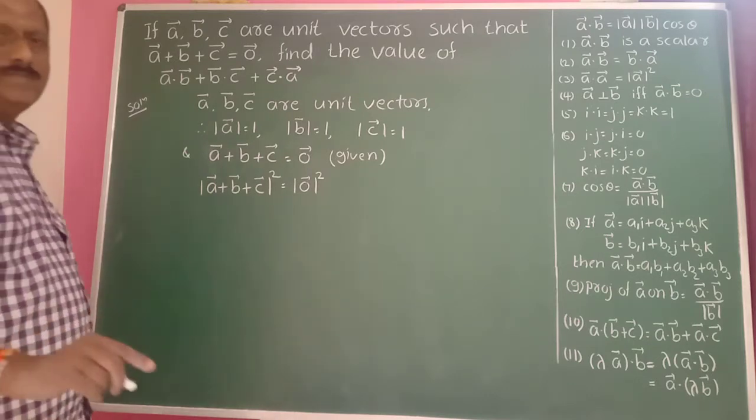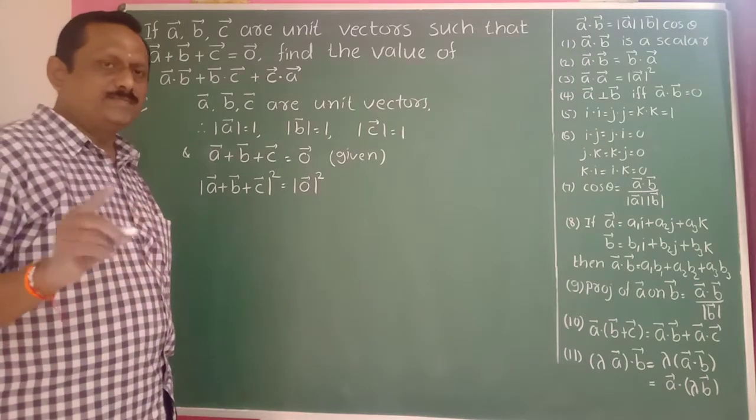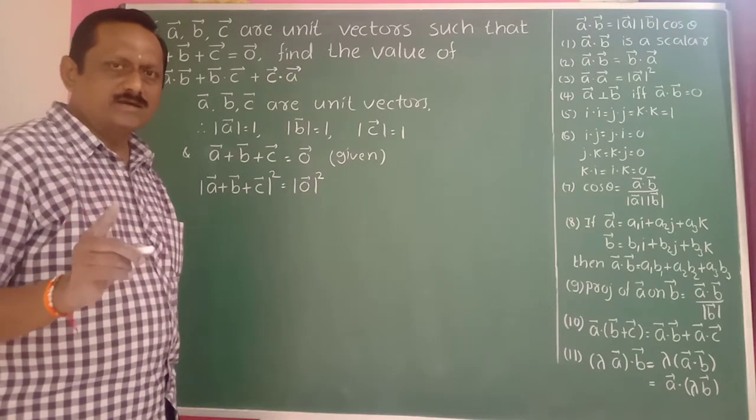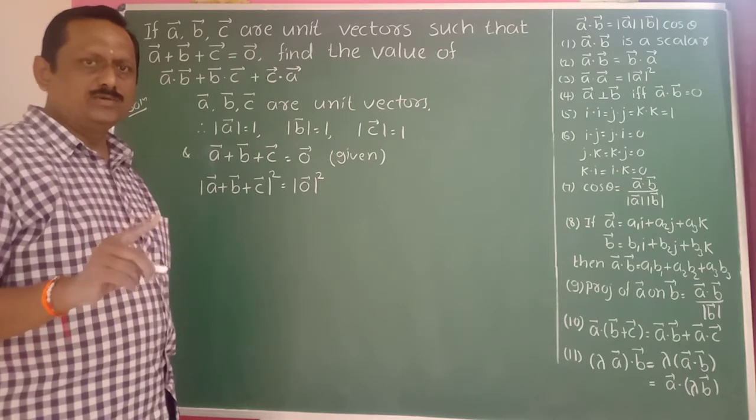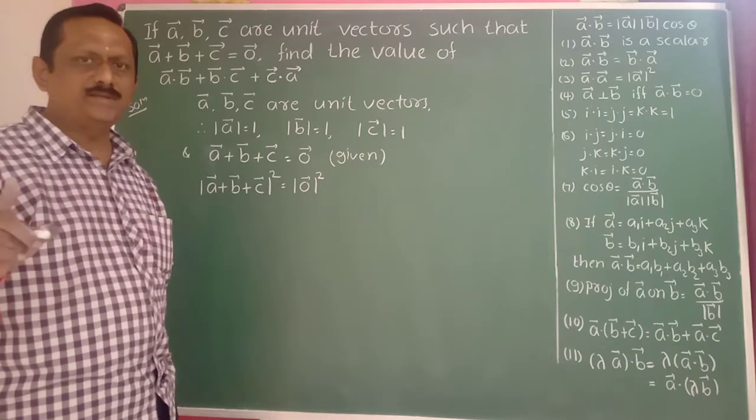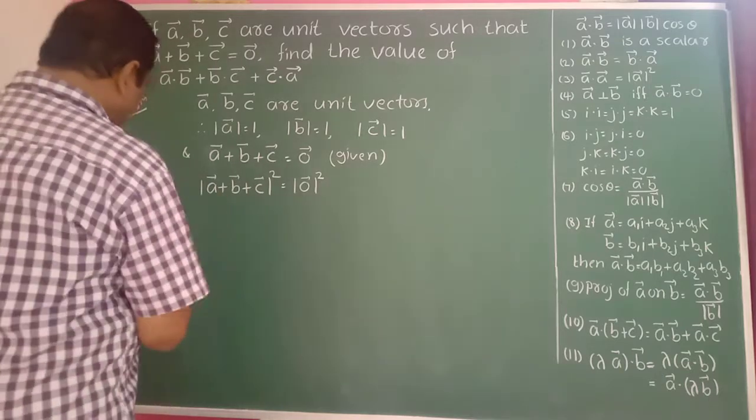Then you know the algebra formula, a plus b plus c whole square is a square plus b square plus c square plus 2 into bracket ab plus bc plus ca. So just take that formula.